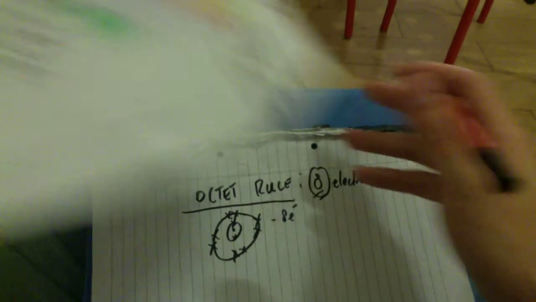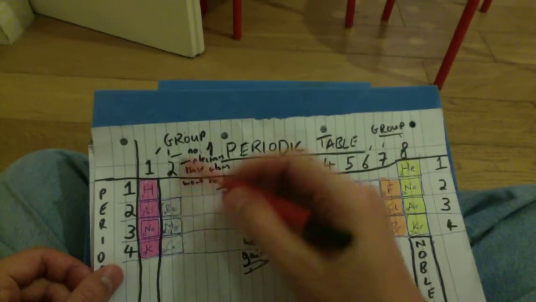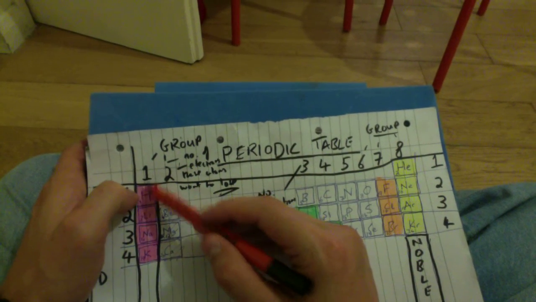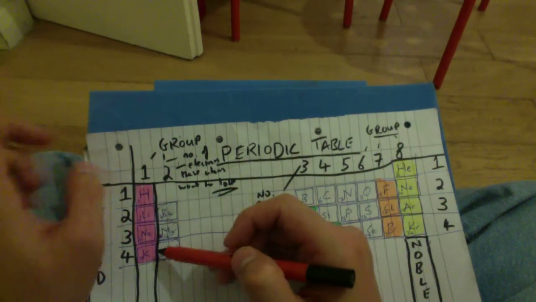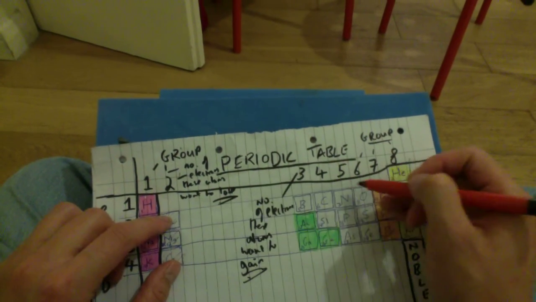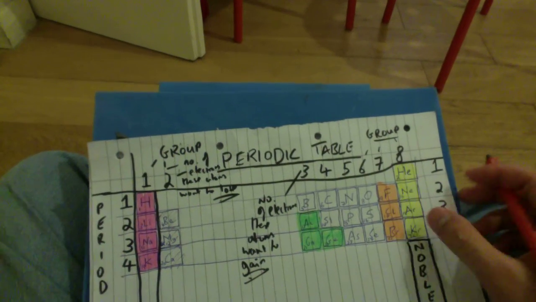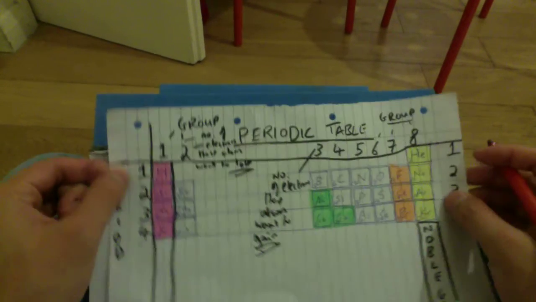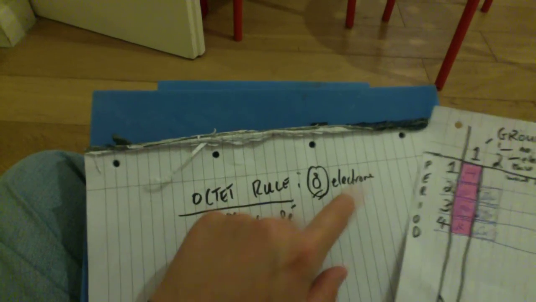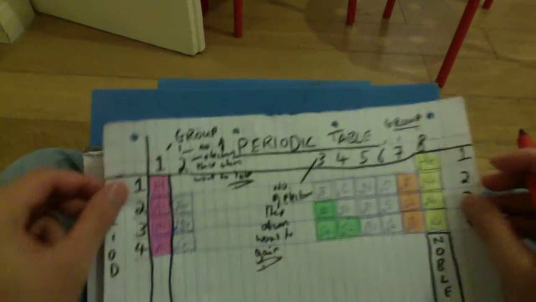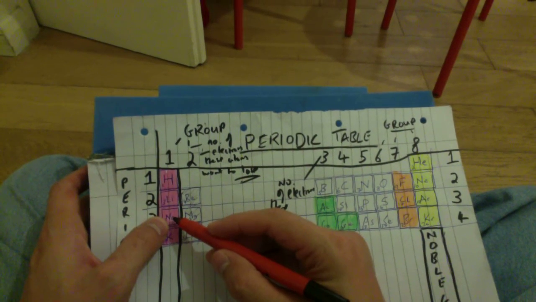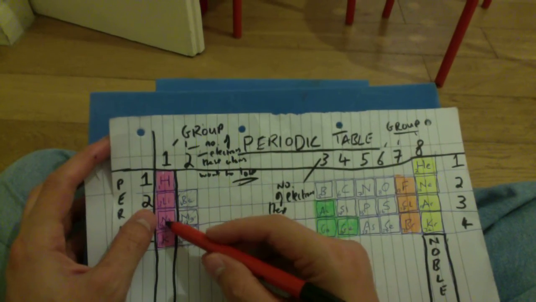Really important. Now, the reason why this is important is, do you know when I said all the atoms in this column have 1 electron in the outer shell? These have 2, these have 3, these have 5, 6, 7, 8. Well, if we think about this octet rule, that they all want 8 electrons, how is, say, sodium going to get 8 electrons?